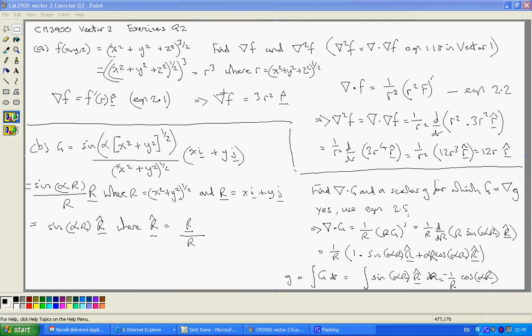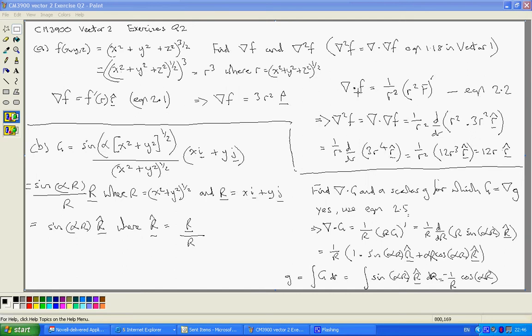Now, our f of r here is r cubed, because we've got x squared plus y squared plus z squared to the power half to the power 3, because the power 3 upon 2 can be rewritten as a half times 3, and therefore we have r cubed. Now, to get del f we need f dashed of r, so the derivative of r cubed, which is 3r squared, and del f is given by that derivative times r hat, so that's del f, 3r squared r hat.